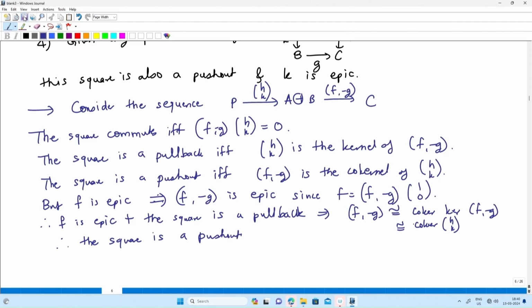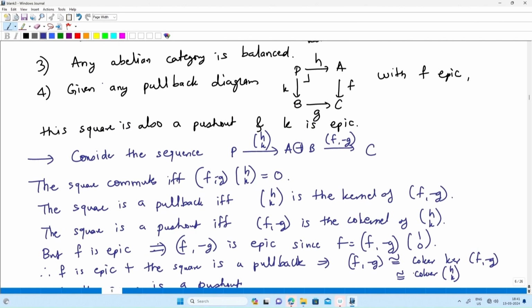One last thing remaining to check is that we have to show that this is an epimorphism. Yeah, so let me make some changes in this diagram itself and add a bit of notes.